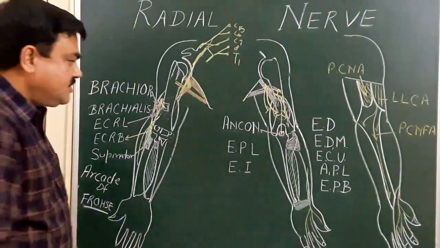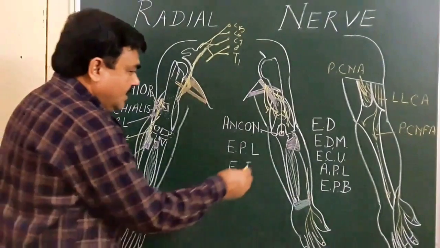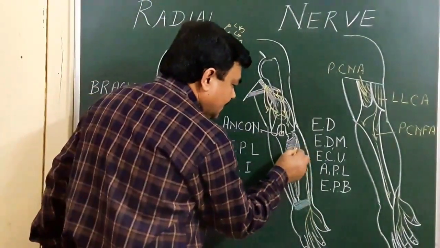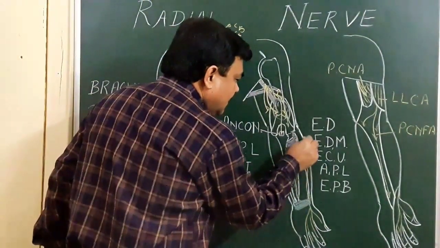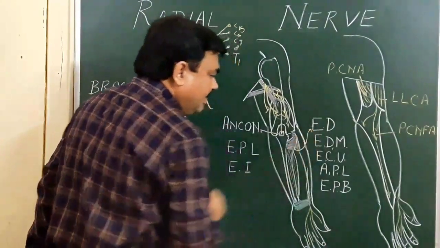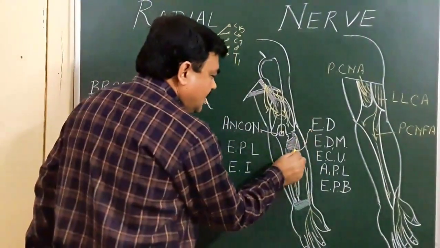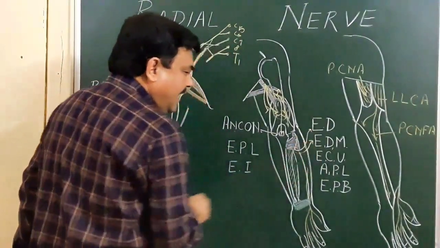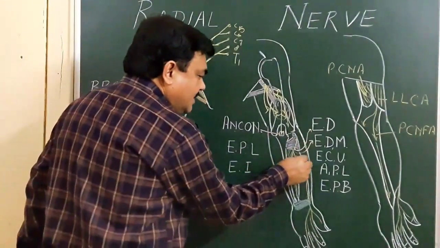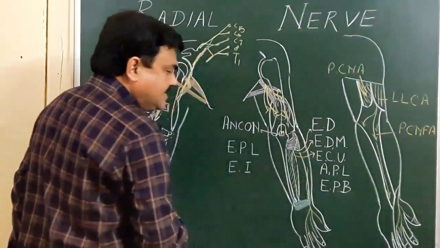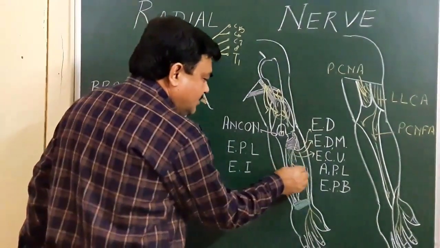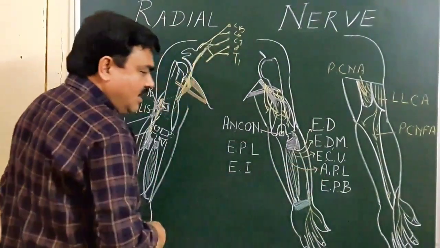This posterior interosseous nerve gives a branch to extensor digitorum. It gives a branch to extensor digiti minimi. It gives a branch to extensor carpi ulnaris. It gives a branch to abductor pollicis longus.